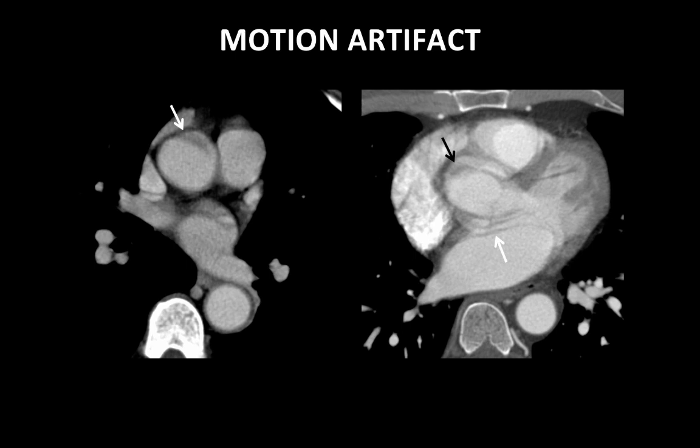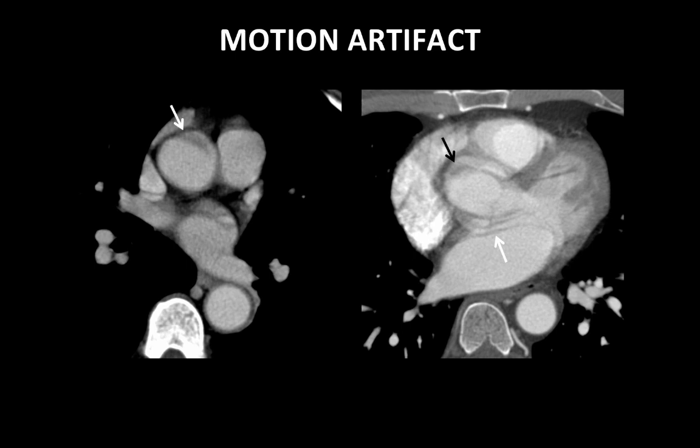For most places, the rule out aortic dissection protocol does not include cardiac gating, and as a result, you can get this pulsation or motion artifact in the ascending aorta, particularly in the proximal ascending aorta at the level of the aortic root.